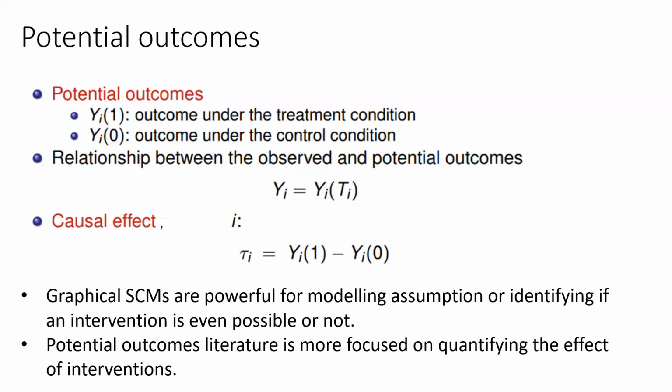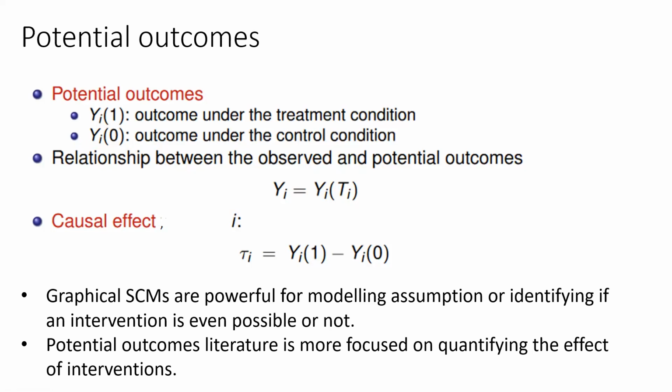The effect of treatment on a patient i is then the difference between the response or outcome of the treatment condition and the control condition, which is expressed by the following expression.